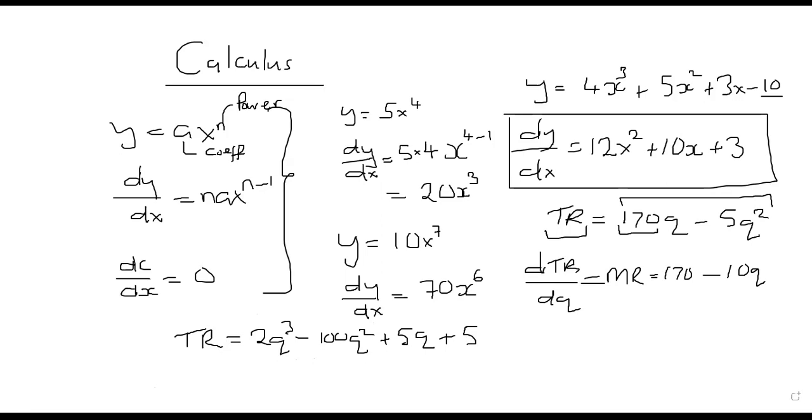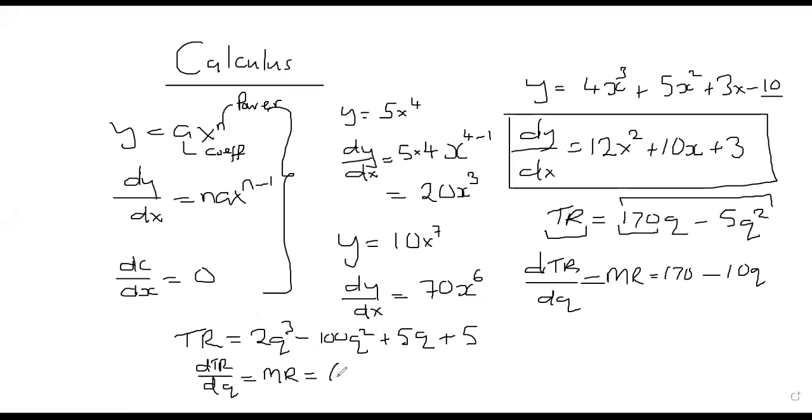DTR over DQ. Okay, so this is the TR over the what? The Q. DQ. When you differentiate TR, it becomes what? MR. Good.